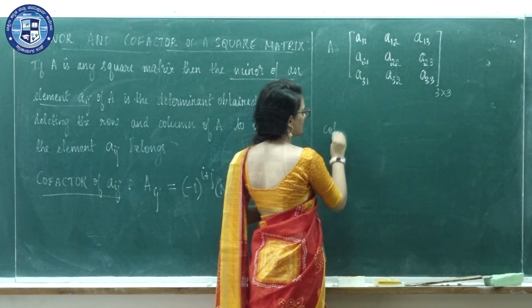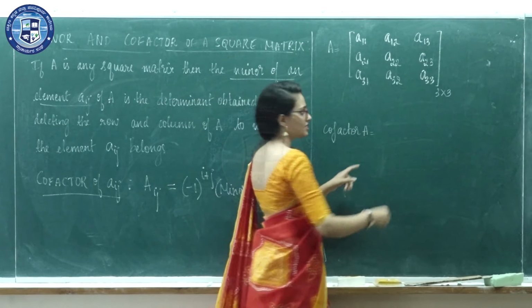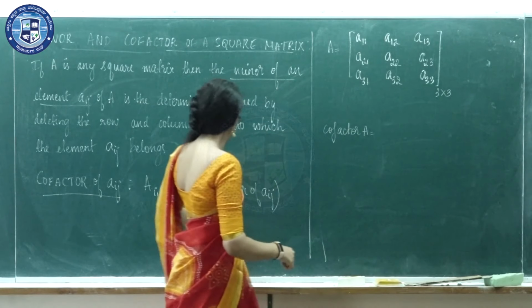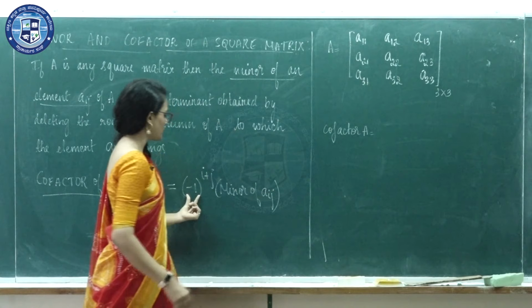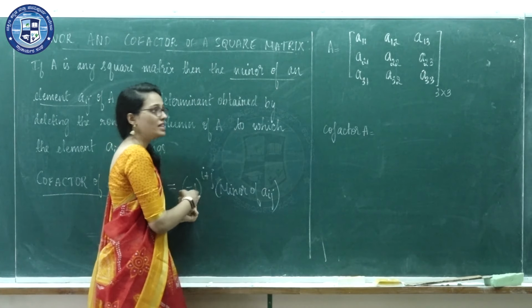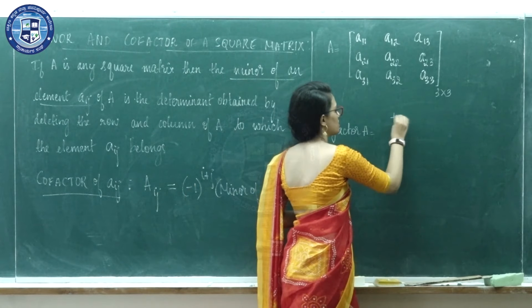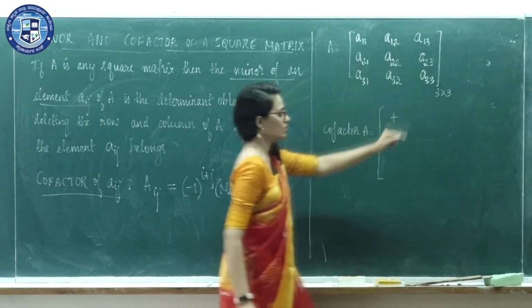So the cofactor of A will have certain signs, correct? So let's calculate. For 1 plus 1, this will be minus 1 to the power 1 plus 1, that is 2. It is even, so it will be positive. So the first position gets positive. Second, we have 1 plus 2, that is 3.